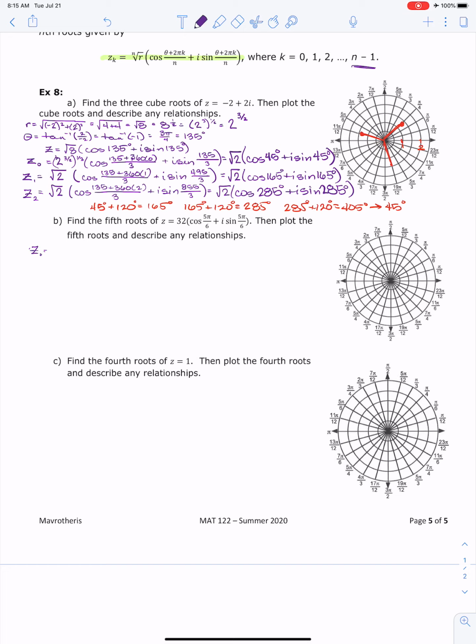So z sub 0. The 5th root of 32 times the cosine. We're going to go ahead and leave this one in radians.